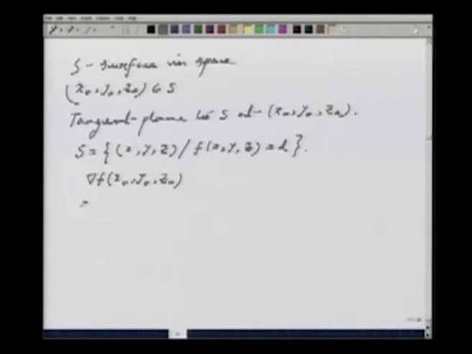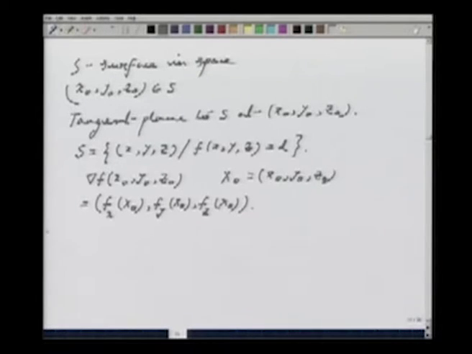So I know its expression, what it is. Let us say capital X naught is equal to x naught, y naught, z naught. Then grad f at x naught, y naught, z naught is fx at x naught, comma fy at x naught, fz at x naught.